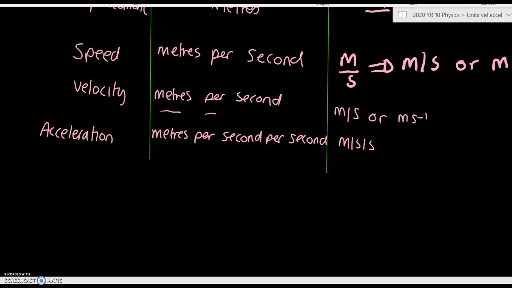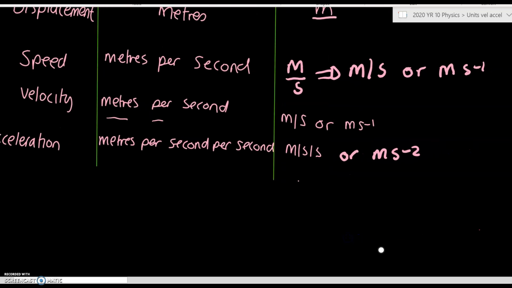And you're allowed to write it meters per second squared or ms to the -2, as opposed to if we looked at there, that was to the -1 because that just came at 1. But this, if you look at it, I had meters per second, which would be to the -1 per second. That's why we get to the -2.